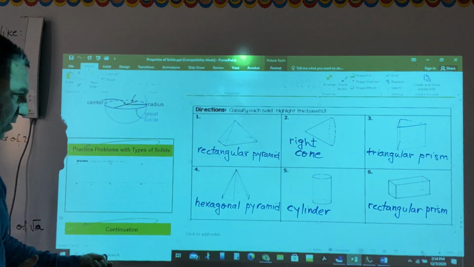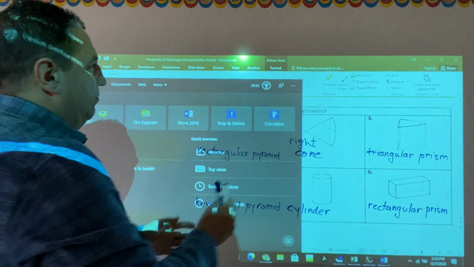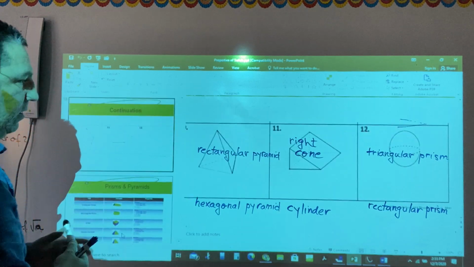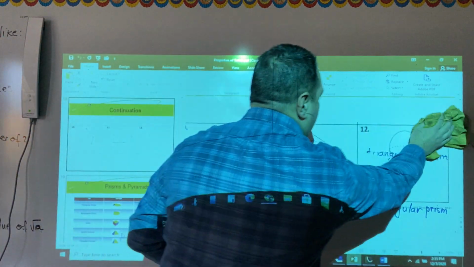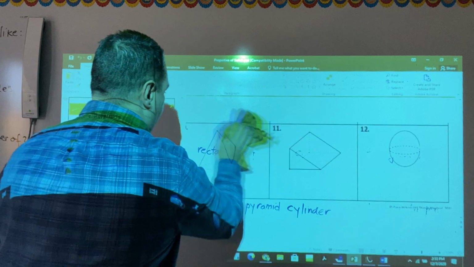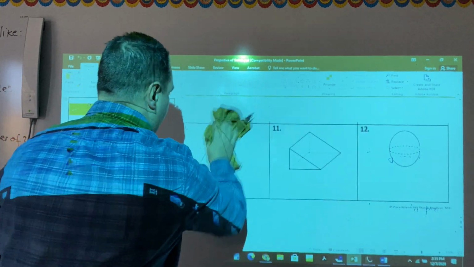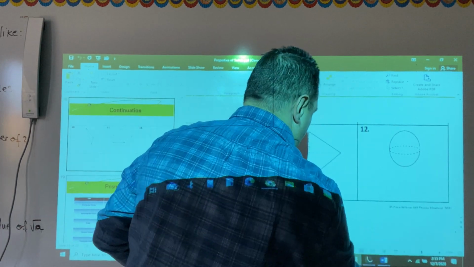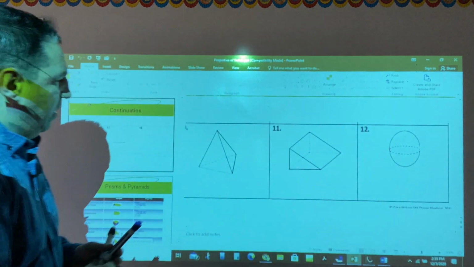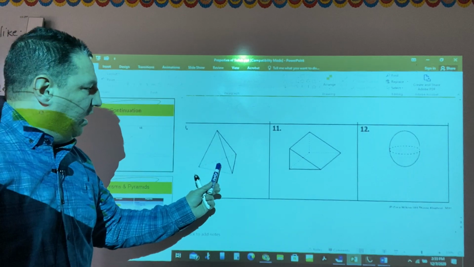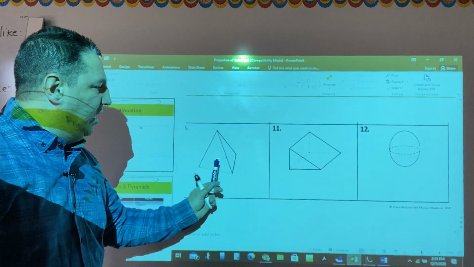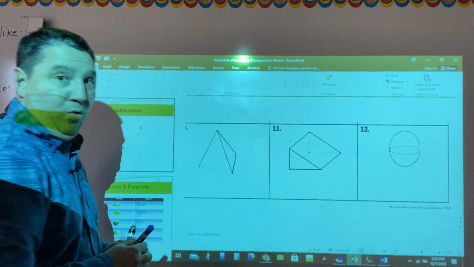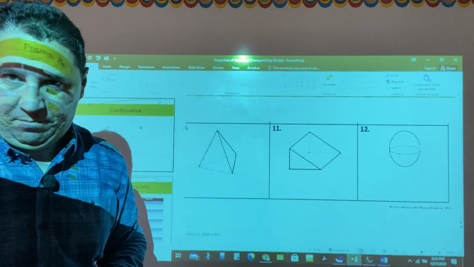And now, one more. This solid has only one base, the other one is reducing to a point, so it's a pyramid.